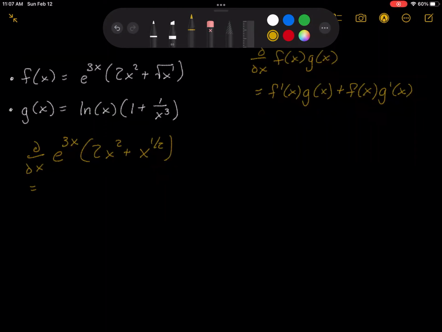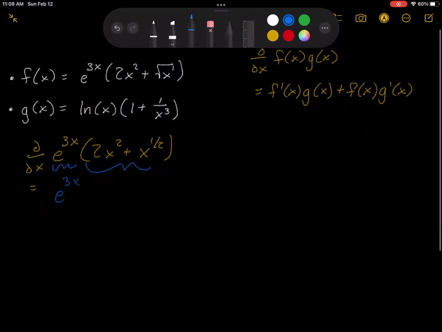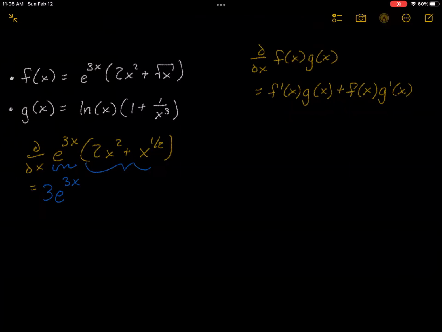So when I differentiate this product, right, I've got this times this. So I differentiate the first term, e to the 3x differentiated with respect to 3x is e to the 3x. And then by the chain rule, I have the derivative of 3x, which is 3.